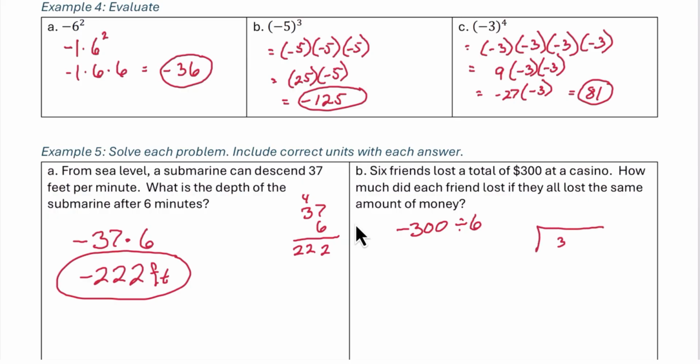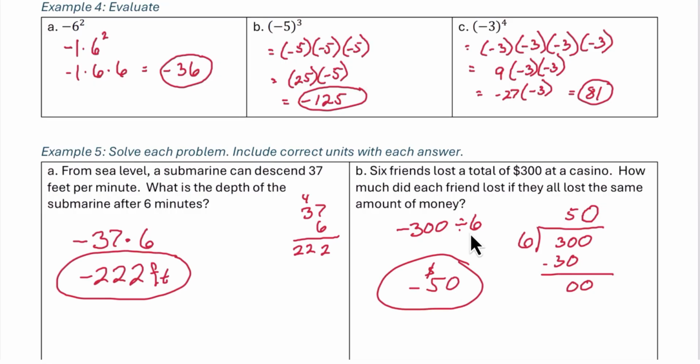Off to the side, we'll do the math. 300 divided by 6. 6 goes into 30 5 times. 5 times 6 is 30. Subtract and we get a 0. Bring down the 0. 6 will not go into 0, so we make that 50. And negative divided by a positive is a negative, so we can think of this as negative $50. Each friend lost $50.